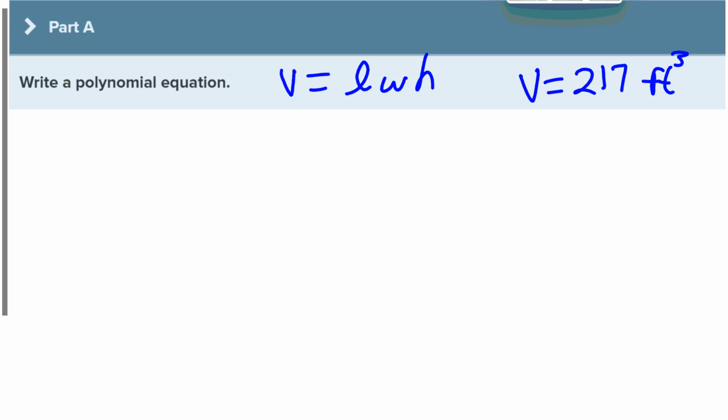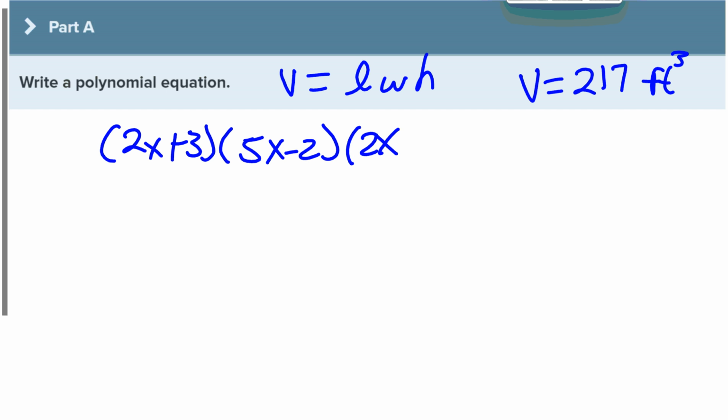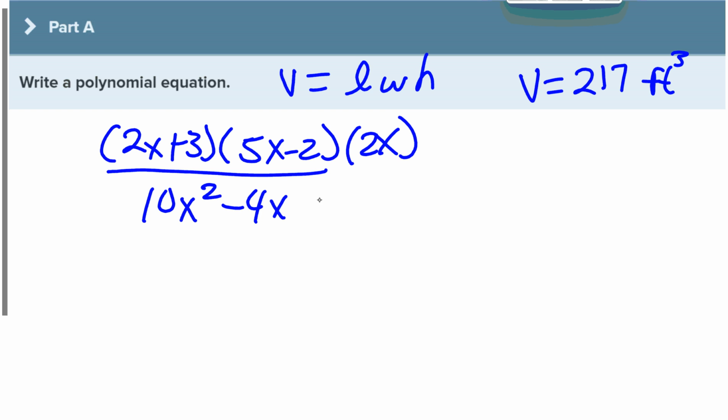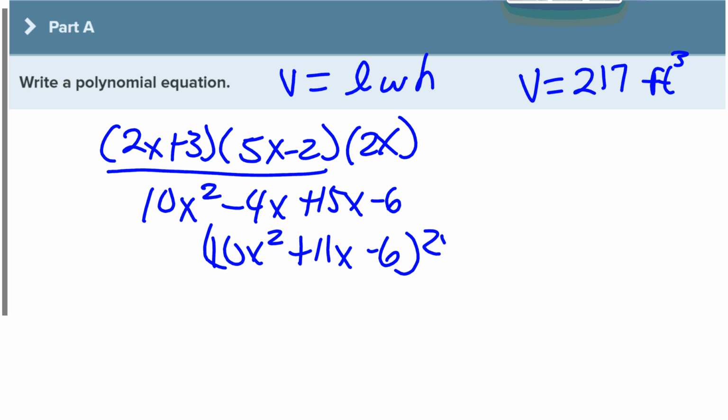So we multiply them together: 2x plus 3 times 5x minus 2, and then a height of 2x. If I FOIL this out, I get 10x squared, a negative 4x, a positive 15x, and a negative 6. Combining those, we get 10x squared plus 11x minus 6, and then we can multiply that by 2x.